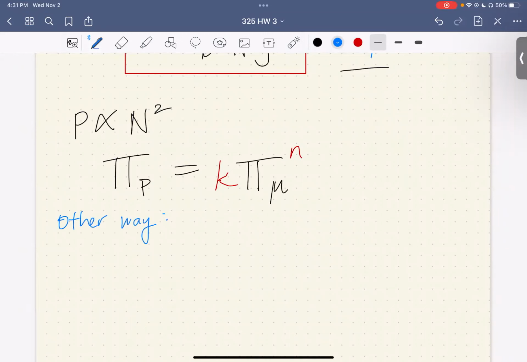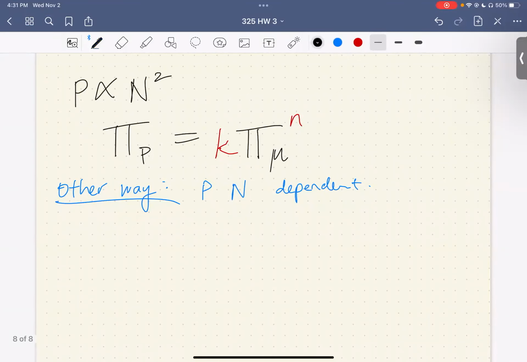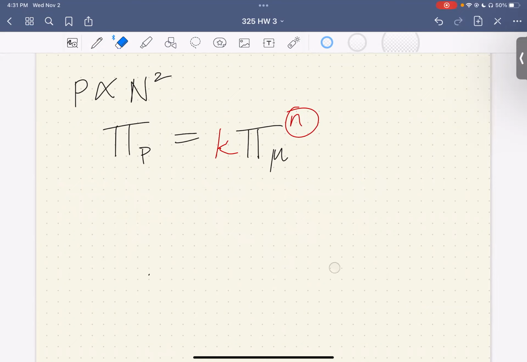So I'm going to backtrack and say, remember we said p and n are dependent, right? We know right away that it also is related. And the k doesn't really matter too much here. We're really focused on that exponent. We really care about this exponent right over here, not the k. K is just to show that there is some k that relates these two, right? It's just a coefficient. So I'm going to actually erase this, and we're going to keep going with just this example right over here to stay consistent.